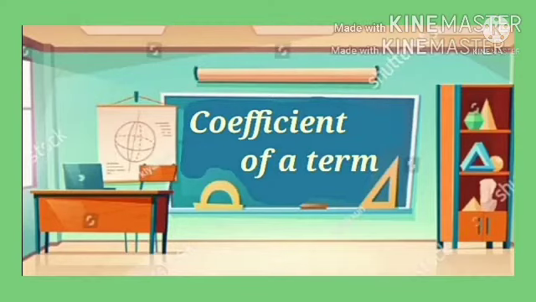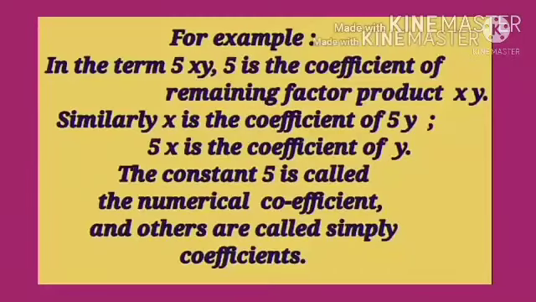Now let us recall what is coefficient of a term. A term of an algebraic expression is the product of factors. Here, each factor or product of factors is called the coefficient of the remaining product of factors. For example, in the term 5xy, 5 is the coefficient of the remaining factor product xy.